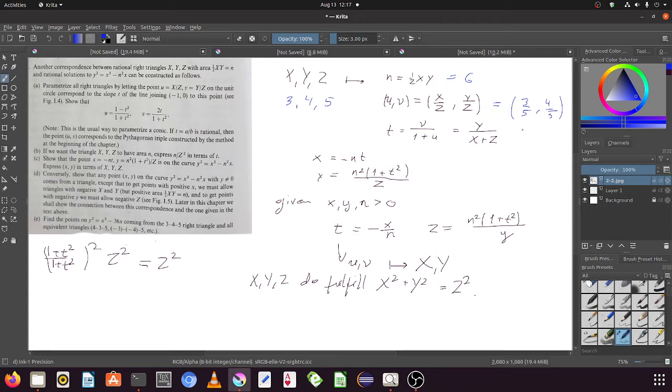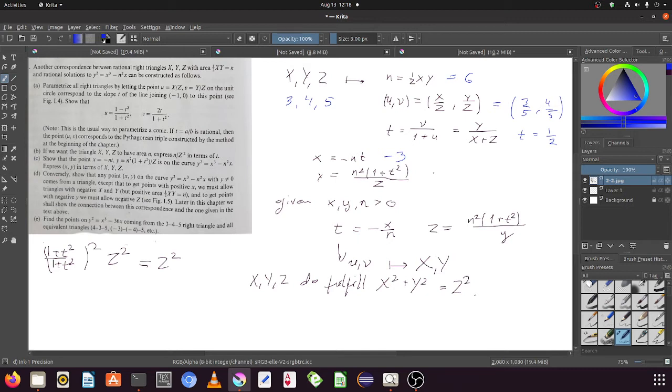And t is 4 divided by 8, and this is a and b in the construction of the Pythagorean triples. Yes. Minus nt, that's minus 3.